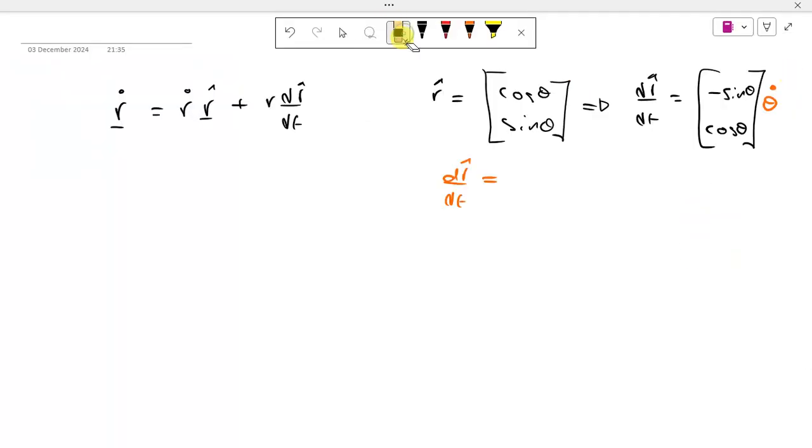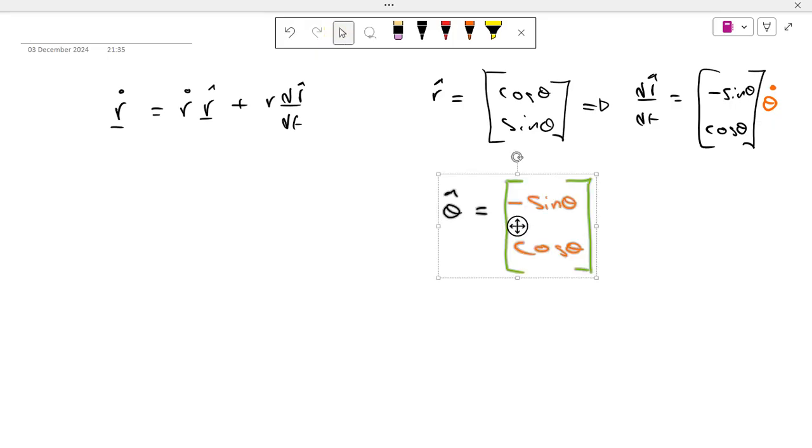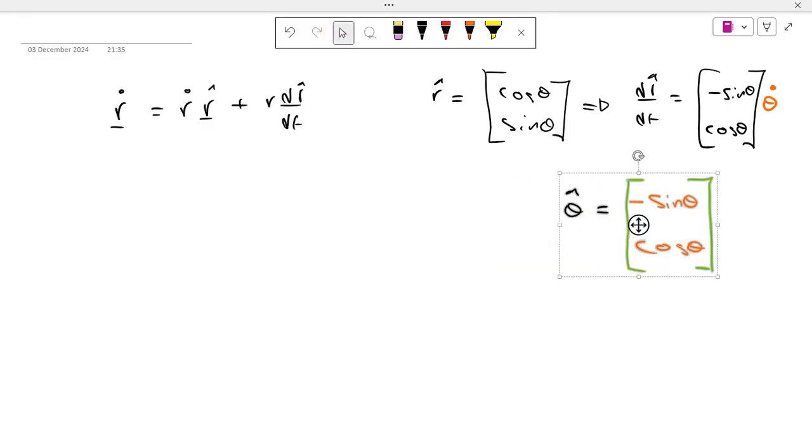So if we just erase that, cut and paste that, let's move that over there. So theta hat is equal to minus sine theta plus cos theta, if you like.